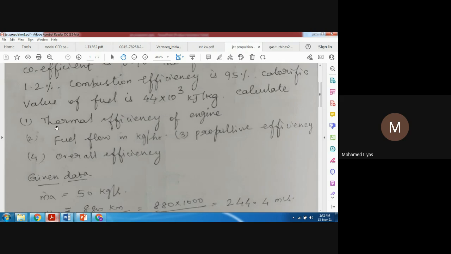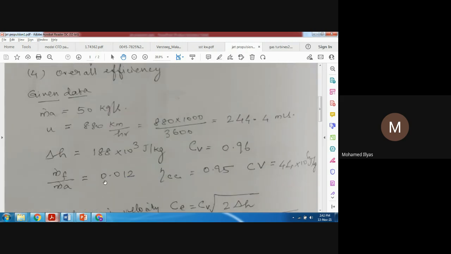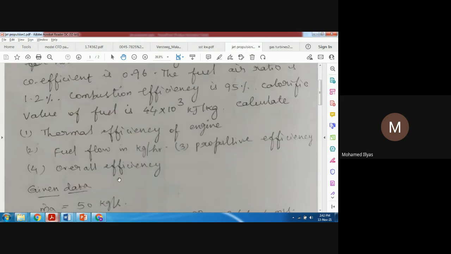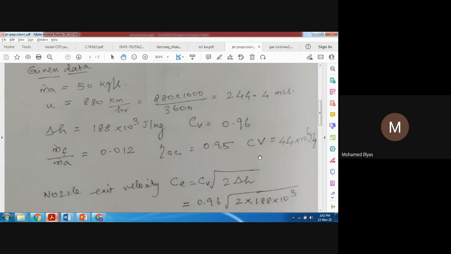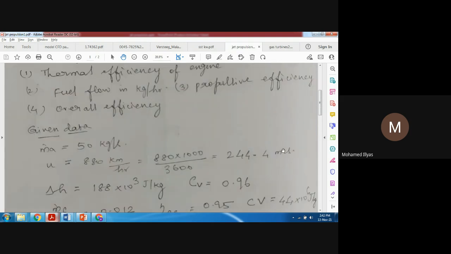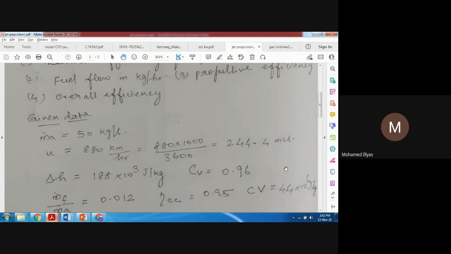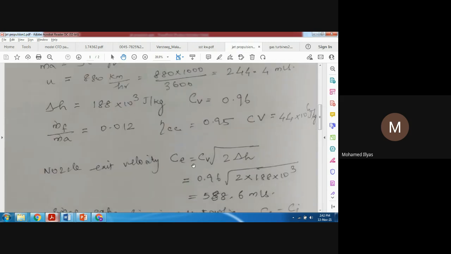We'll never use percentage in calculation, we'll put it as a fraction, 0.012. Since it is fuel air ratio, I'll write mass flow rate of the fuel by mass flow rate of air. The combustion efficiency is 0.95.